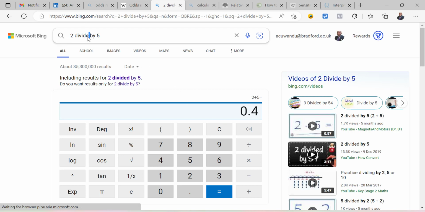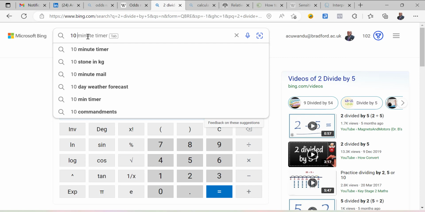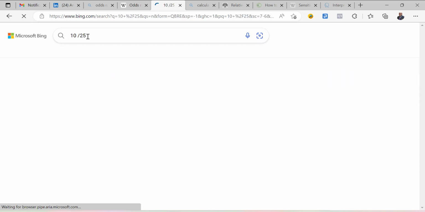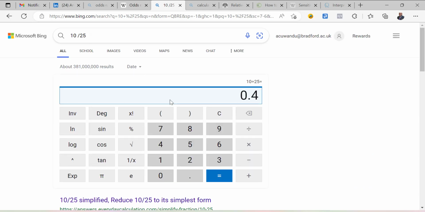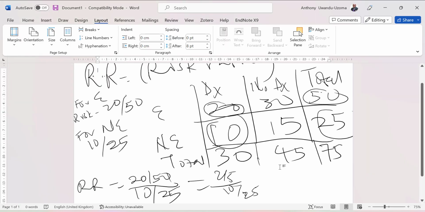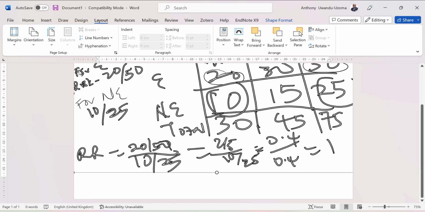Then 10 divided by 25 will also give us 0.4. So we're having 0.4 over 0.4, and that will be 1. So how will you interpret this figure?